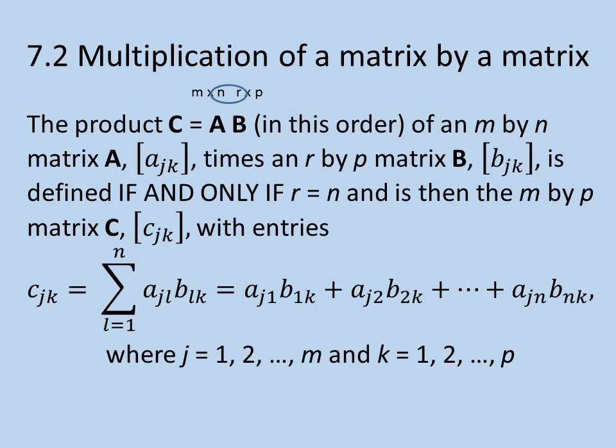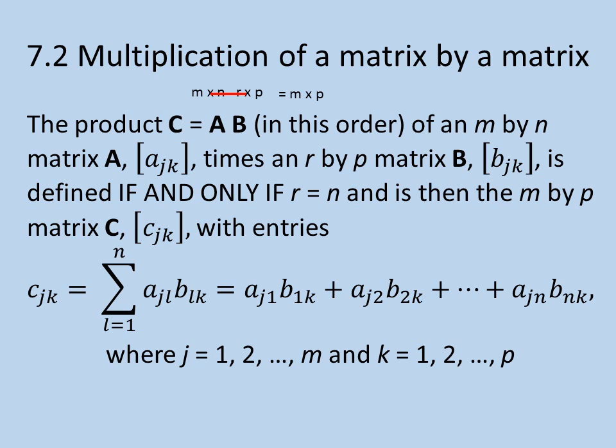And if those two numbers are the same, then you'll be able to multiply the two matrices. What will be the size of the product? To find that, you just cross out the common number and you're left with m by p, and in fact that's the size of the product that results, m by p. So that's how we define multiplication for matrices as shown.